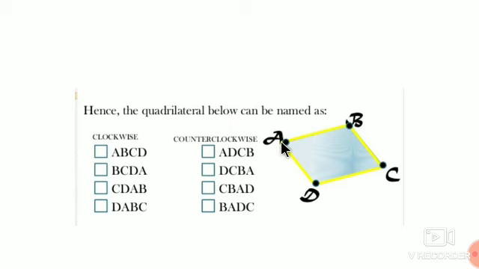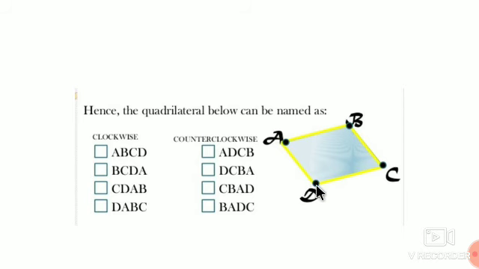Means if I start with A, I cannot skip and write C, B, D. Like that we cannot write the name. We should go serially after A, B, C, D, like this. Okay. This is clockwise. If I write anti-clockwise, we start with A but anti-clockwise.